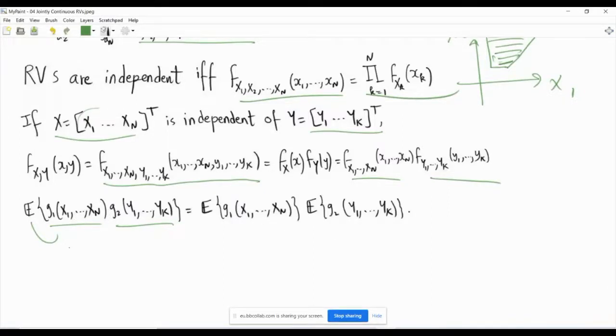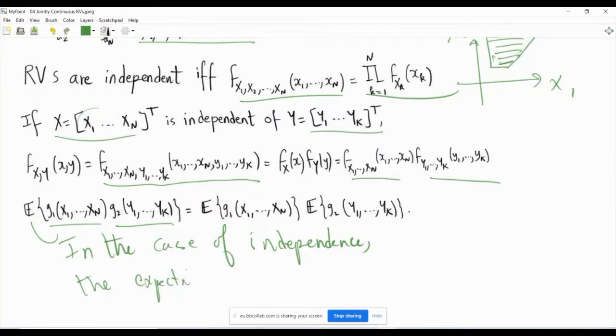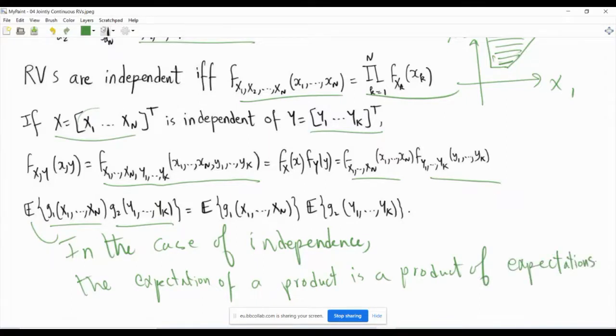You can write this in words: in the case of independence, the expectation of a product is a product of expectations. It makes life much easier than the dependent case.